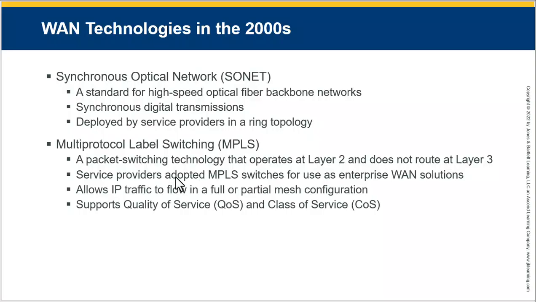And so typically whenever network traffic hits an ISP, then the ISP will give it an MPLS tag. And that tag allows that traffic to go through the ISP's network at a very high speed because it uses layer 2 switching instead of layer 3 routing.